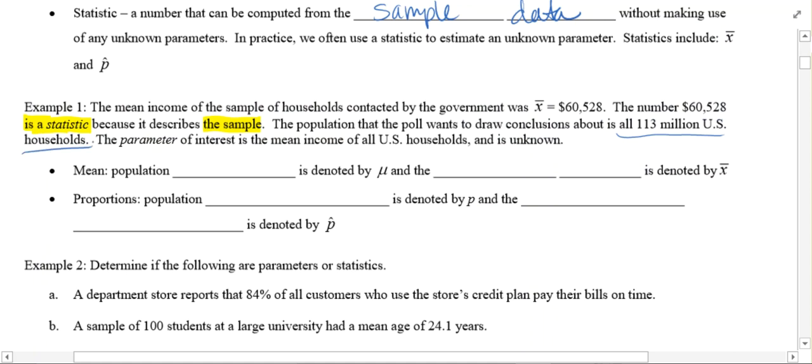The parameter of interest is the mean income of all US households, and we don't know that. So make sure you understand in words that the sample is a smaller subset of the population, and the population is, in this case, all US households.